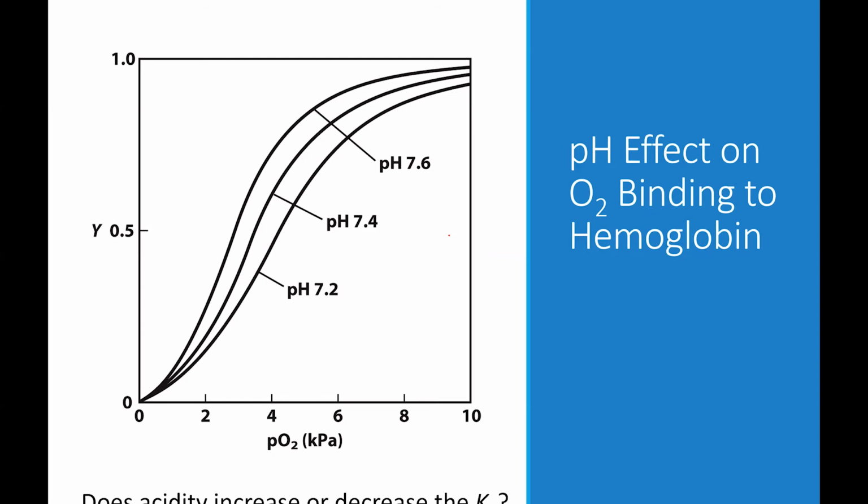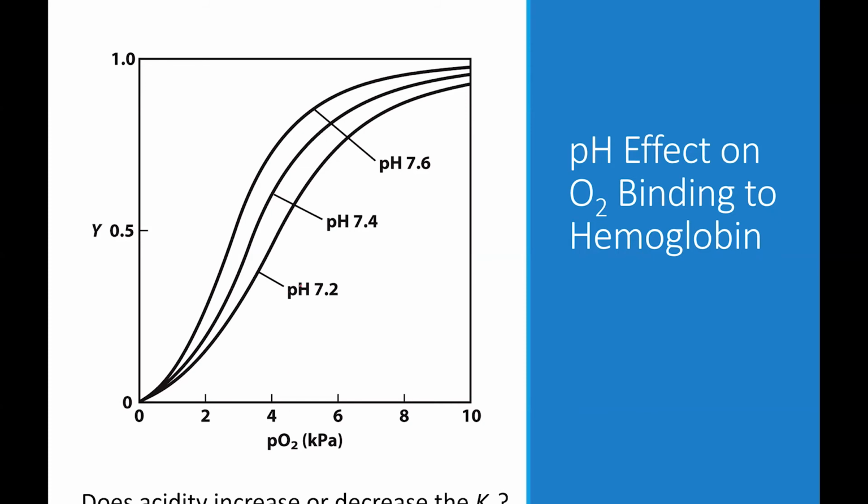But also, there are slight pH changes when you look at differences in the lung and the tissue. For example, we know that in the lung and the tissue, it's not just a steady state of 7.4.